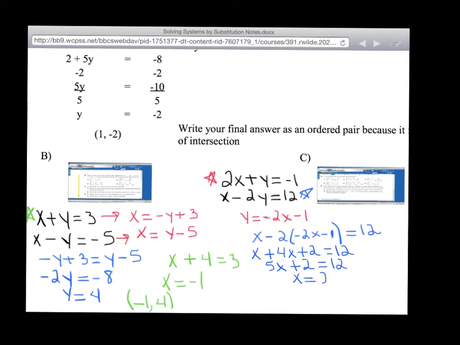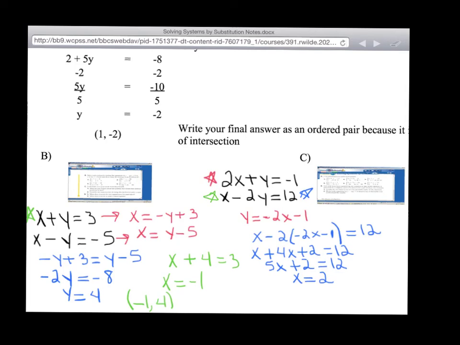x equals 2. At this point, I'm going to plug in 2 for x into one of the original black equations here, and then that'll help me solve for y. So I'm choosing this equation here, the second one. It doesn't matter which one you choose, but I am going to choose the second one.